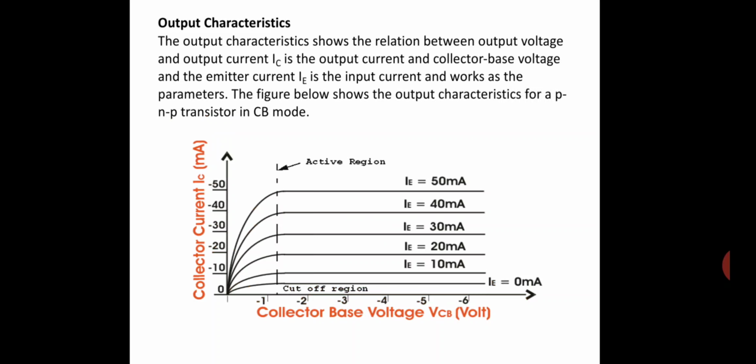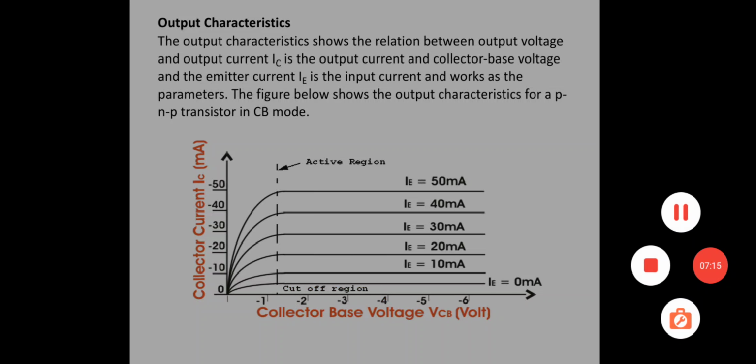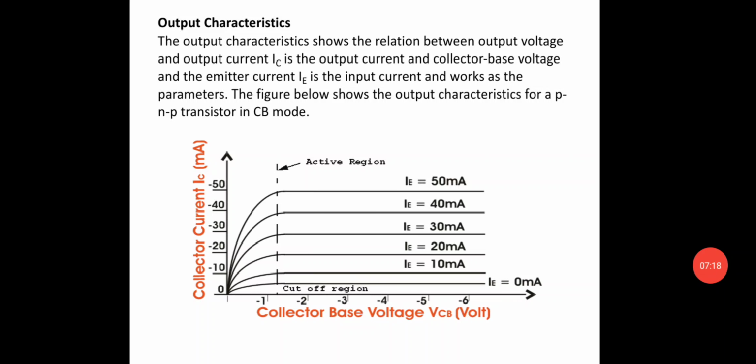The output characteristic shows the relation between output voltage VCB and output current IC, with the emitter current IE as the input current working as the parameter.